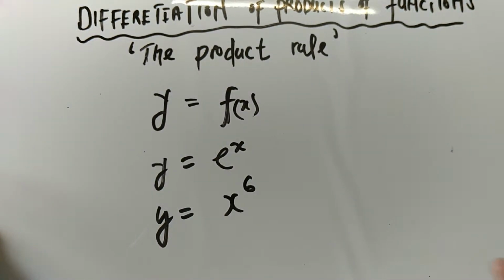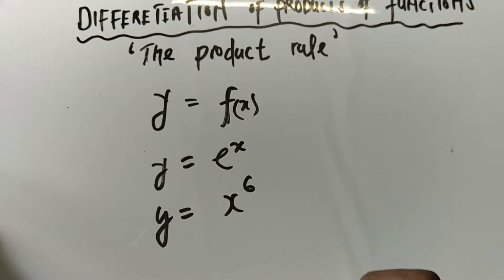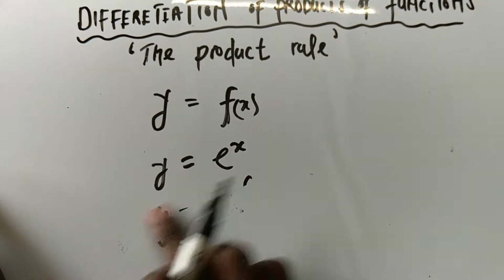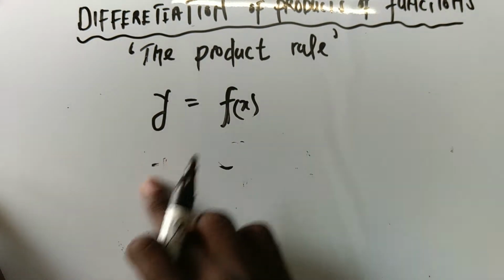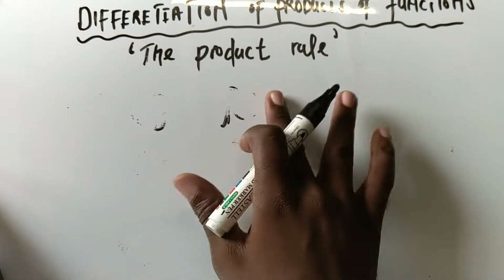Now, this is a single function, but how can we tell when we are dealing with a product of two functions? Instead of a function of this form, we'll have a function of this form.